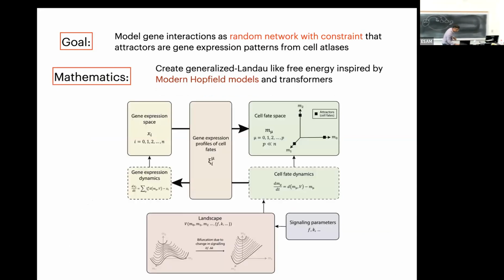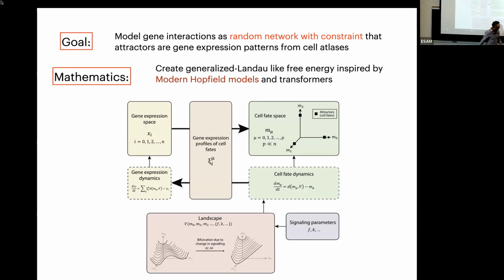I'll show you some examples of this with some data, but it's summarized in this picture. You have three spaces. You have a gene expression space. Using these profiles, you can go to a cell fate space. In this space, you have almost gradient-like dynamics. You have some potential, you take the gradient of it, but then you have to put it through a nonlinearity. All the dynamics happens here, but then I can go back to gene expression space by just using my cell type coordinates.